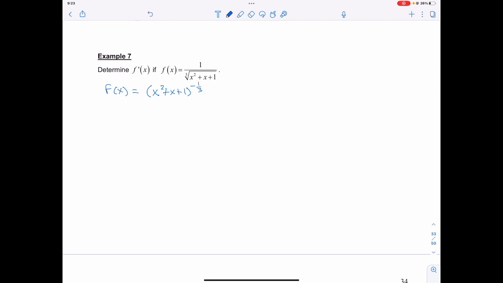Negative to move it out of the numerator, and remember that we're going to take the index of the radical and make that the denominator of my power.